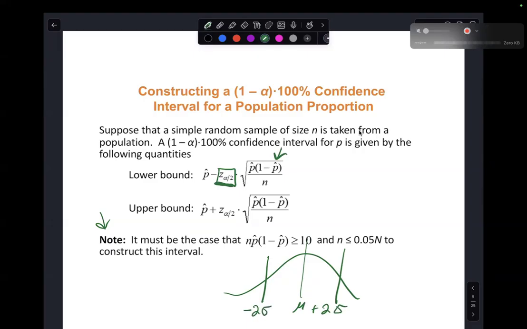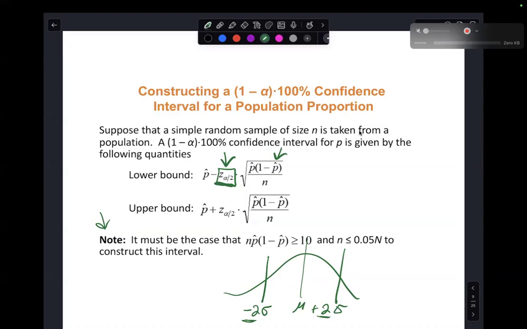We're basically doing the same thing, but instead of this 2, we're using a very specific z-score, and we're multiplying it by the standard deviation to determine how far away from the mean we need to be for our confidence interval.